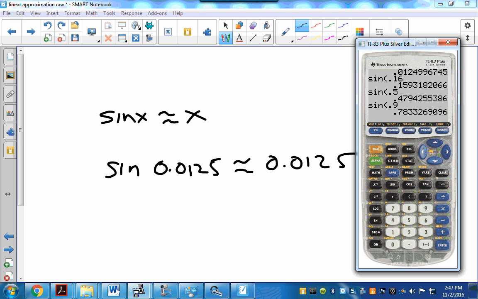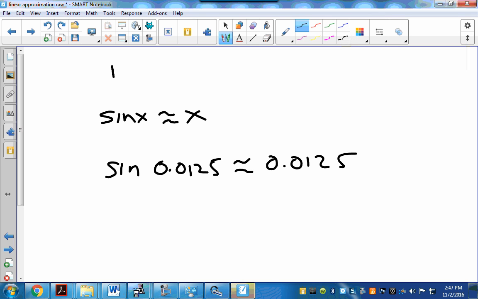The sine of, I don't know, 5. Well, we know that has to be wrong, right? Sine values are always between plus and minus 1. It can't be 5. So I guess it begs the question, for what x values is this good for?